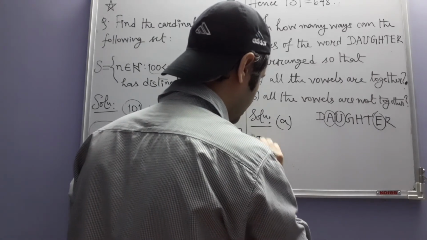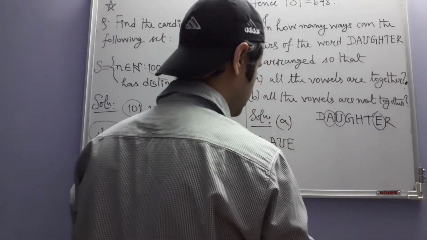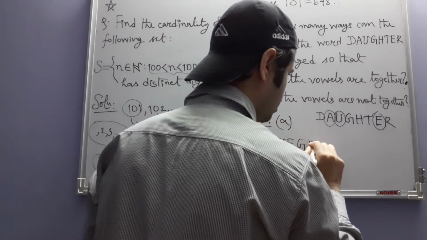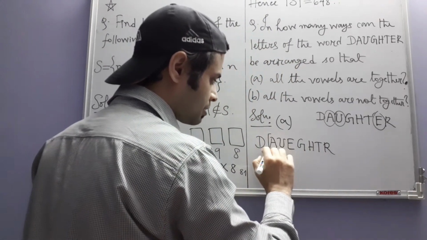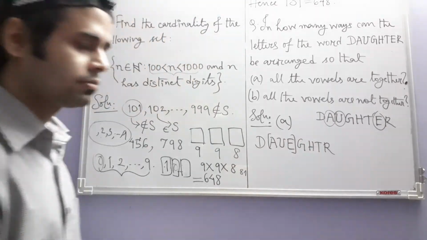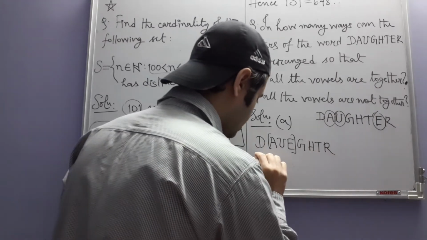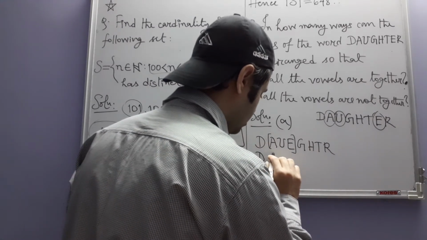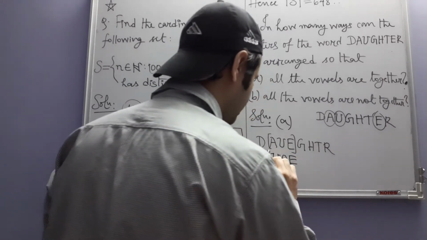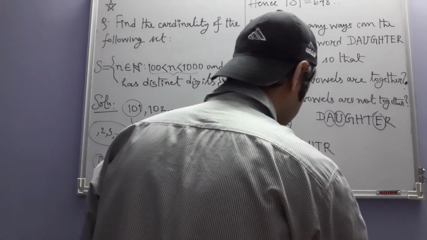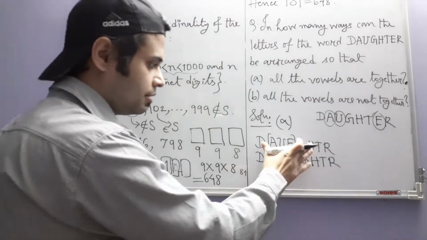So say I can write D, A, U, E, G, H, T, R. Here the vowels are together. Now this is one arrangement, this is another arrangement, UAE, United Arab Emirates. This is another arrangement which is different from this one.